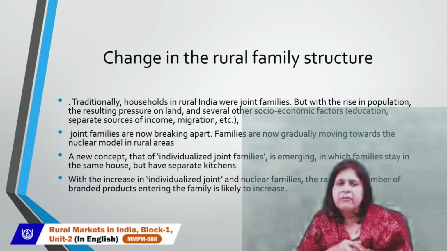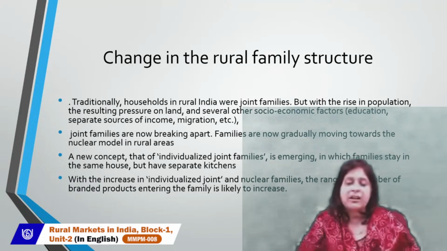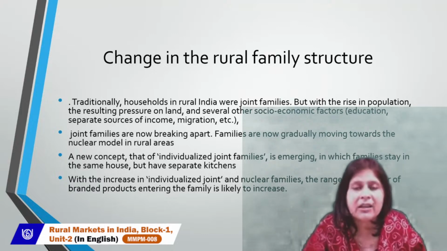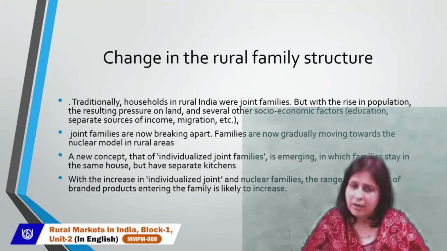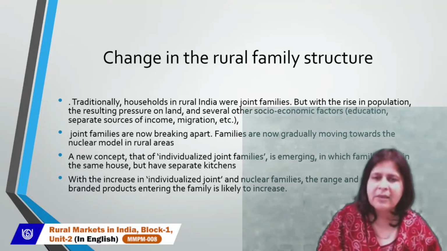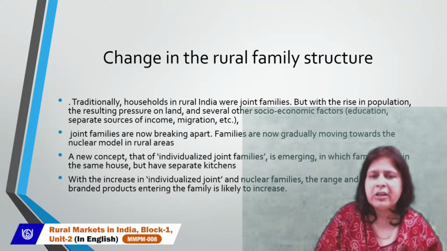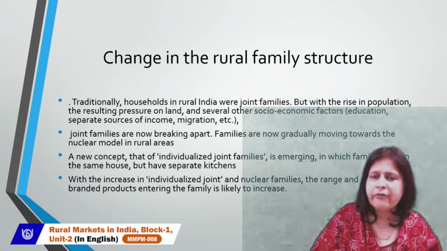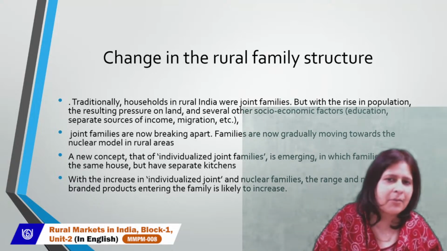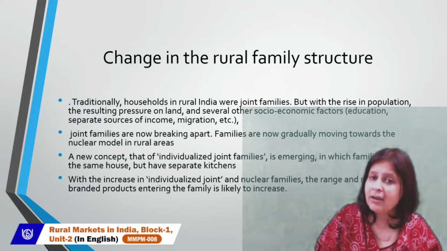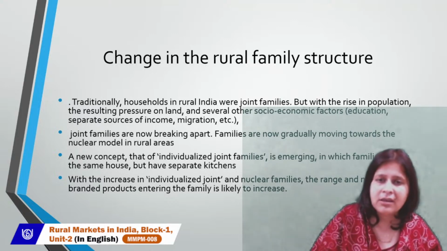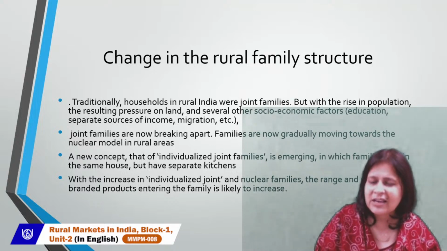With the increase in the individualized joint and the nuclear family, the range and the number of branded products entering the family is likely to increase. When they share the same household but have different kitchens, then if there are three families in the same house, they might need three refrigerators or three gas cylinders or other things required in the kitchen.